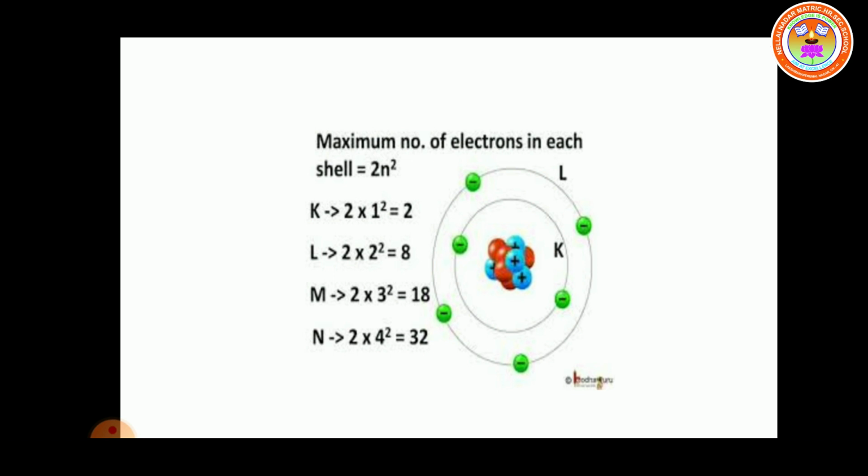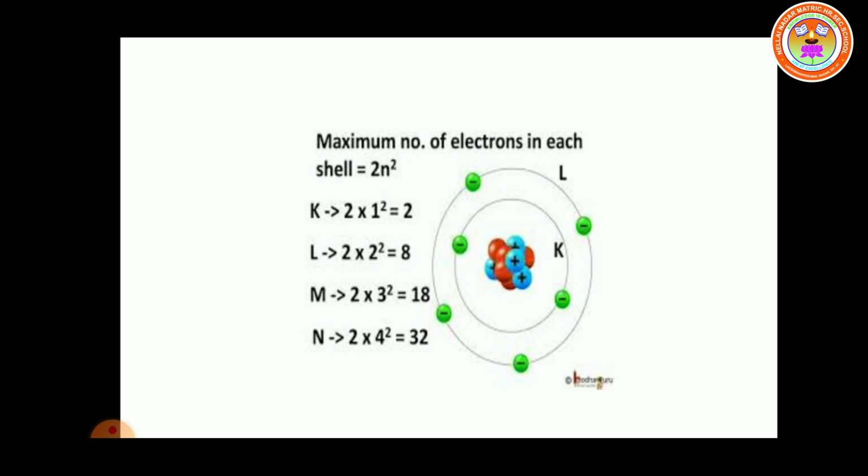So, we know the first shell is the K shell. So, in the K shell, n is equal to 1 because that is the first shell. So instead of n, we substitute 1. So, 2 into 1 square is equal to 2. So, in the K shell, the maximum number of electrons is 2.